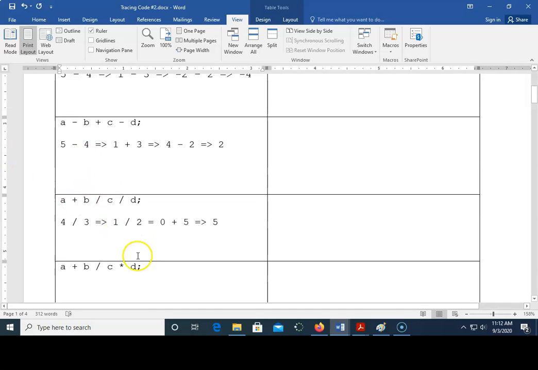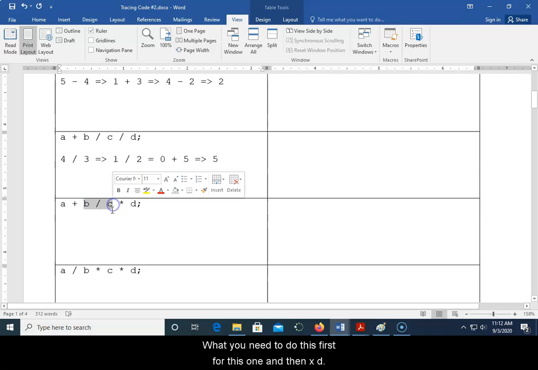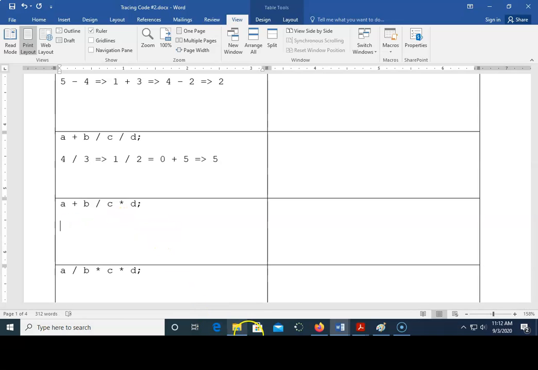Okay. So we need to do this first for this one, and then multiply it by D. So B is 4. 4 divided by 3, that is 1. 1 times 2 equals 2.